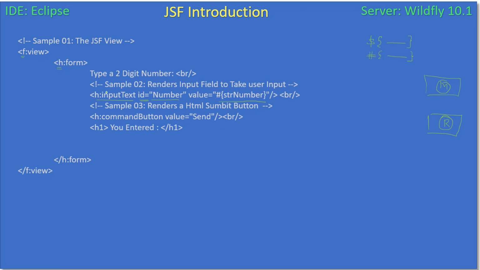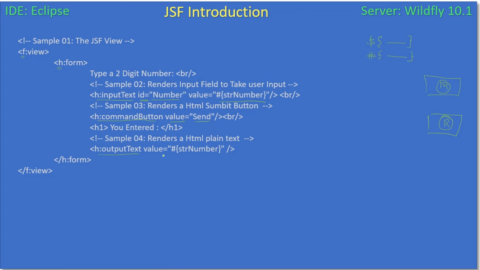Here we use the JSF tags h input text and h command button, and at runtime you can see how these get translated into HTML form field elements. So h command button is the tag, then for the value attribute we are specifying send. Then here we are using the output text. This will not get translated into any HTML tag, but it will provide some output, or this entire tag will get replaced by some output.